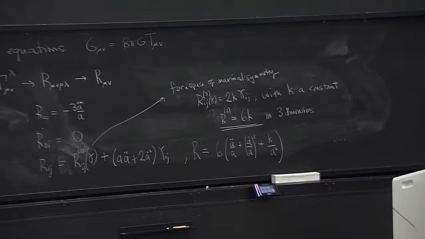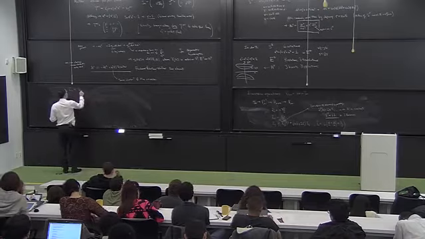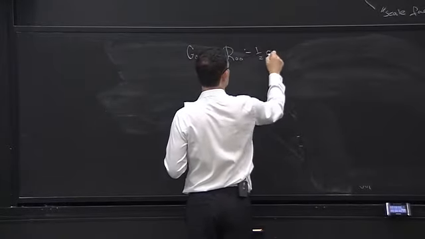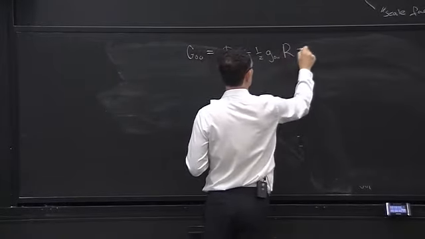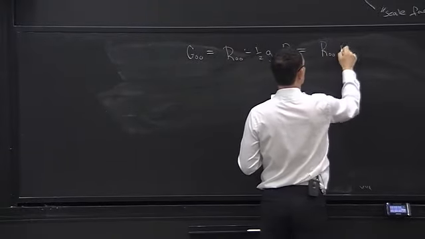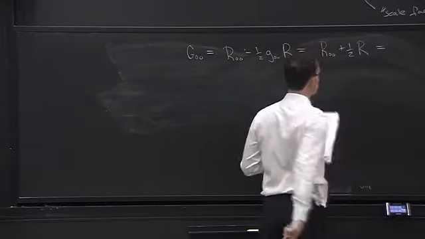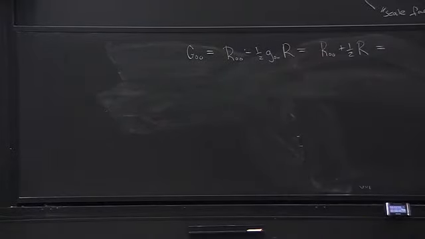And so G naught naught, which is of course equal to R naught naught minus 1/2 g naught naught R. g naught naught is minus 1, so R naught naught plus 1/2 R. R naught naught is minus 3 a double dot over a.